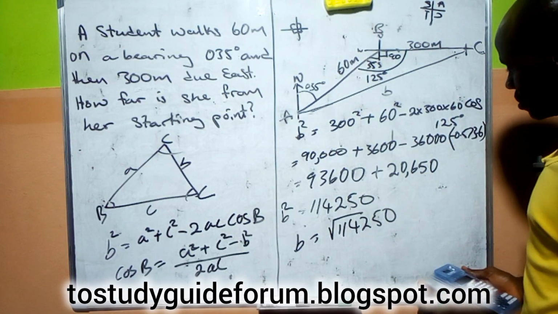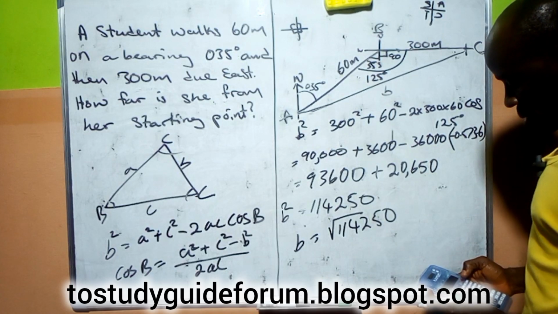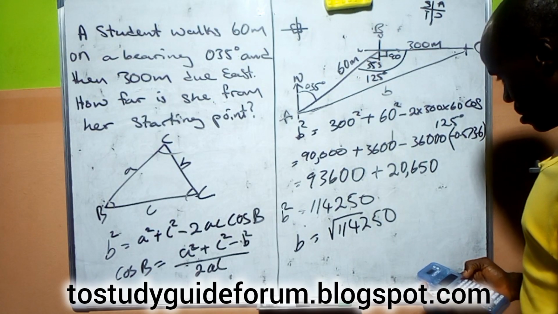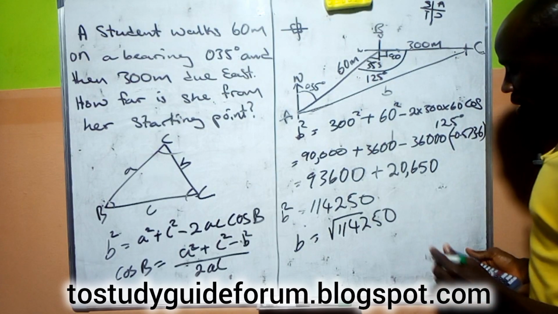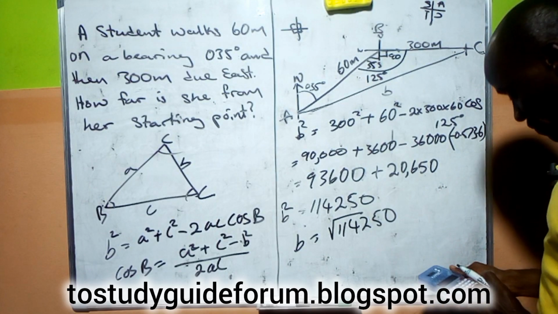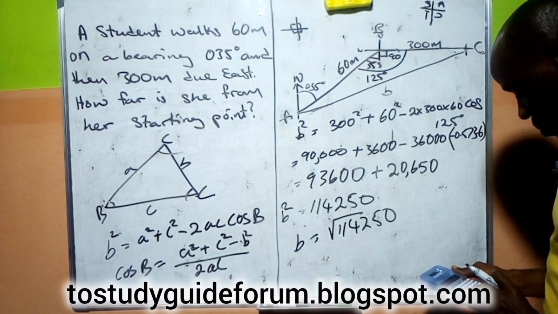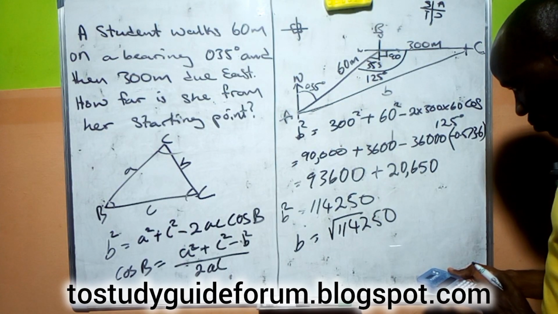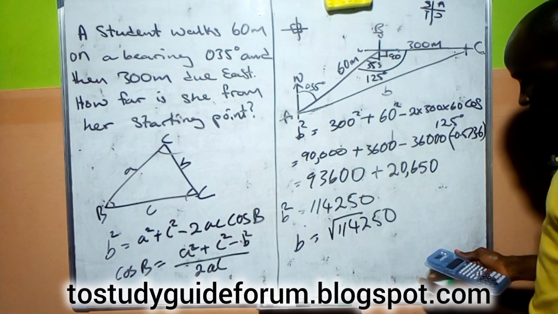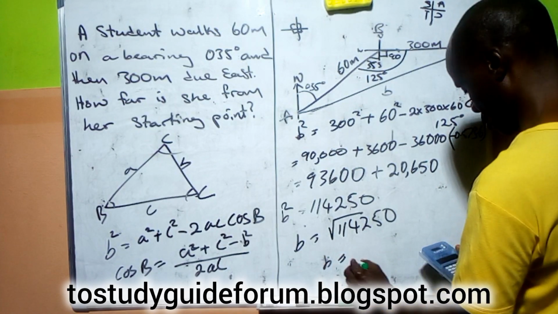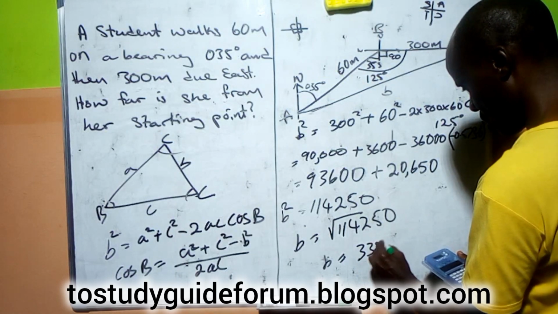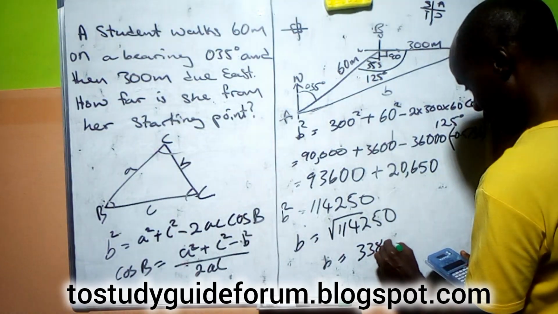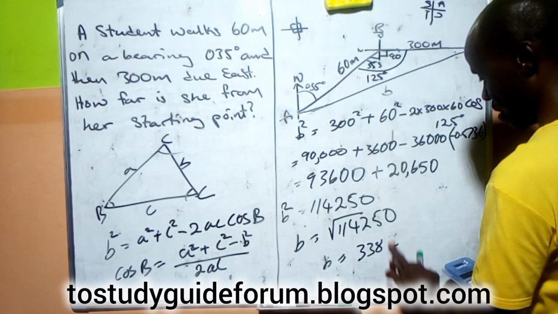The square root of 114250 gives b equal to 338 meters.